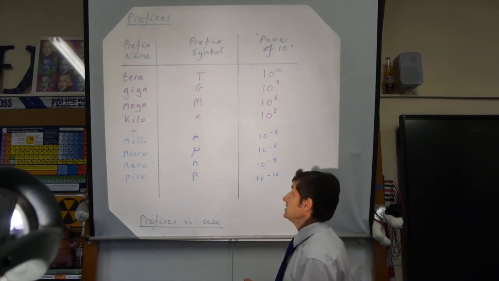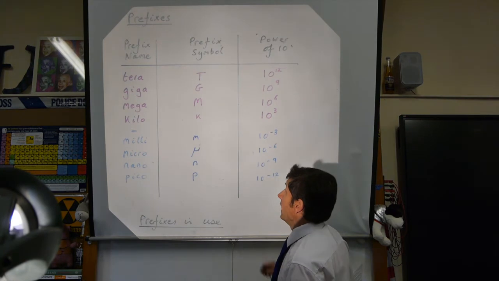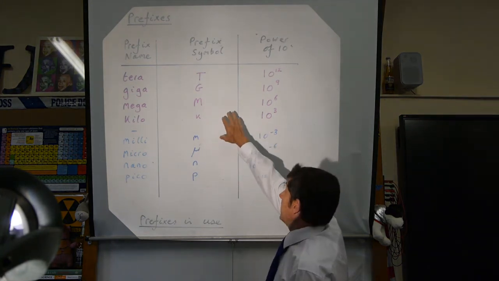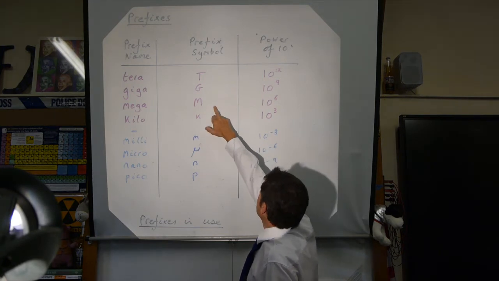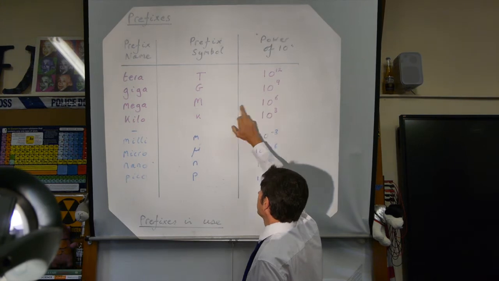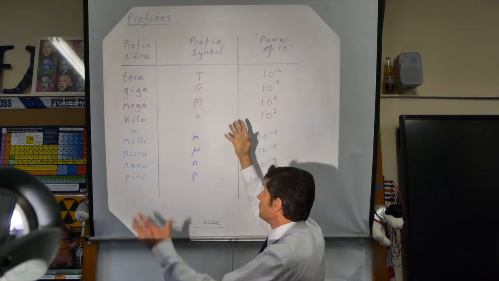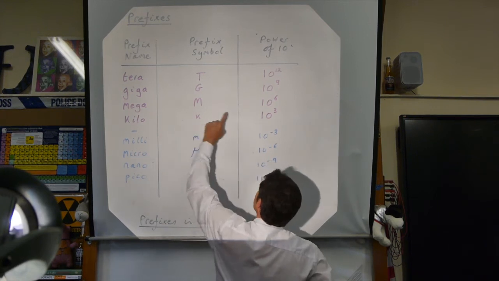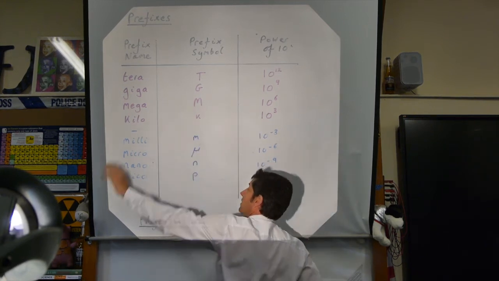If you see a number, for example, 3 times 10 to the 6 meters, you immediately know it's 3 megameters. The 10 to the 6 tells you that.